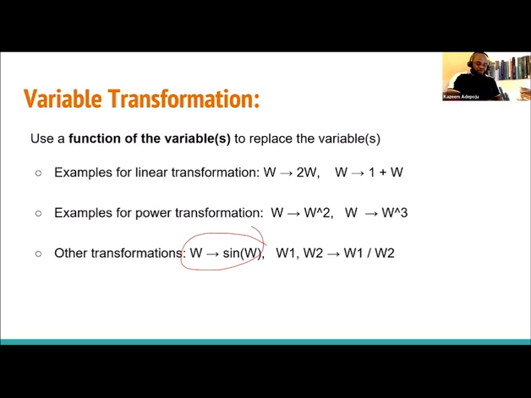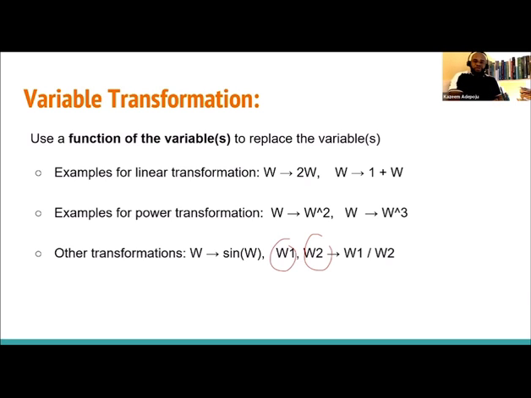And at times we could have a situation where we have W1, W2, and the transformation that we are going to make could be the ratio of the two, because the ratio of W1 to W2 is going to give you a different data set that is different from W1 and W2. So what I'm trying to show you right now is different kinds of transformation that we can have around. And of course, we can talk about transformation when there is a problem of assumption violation.